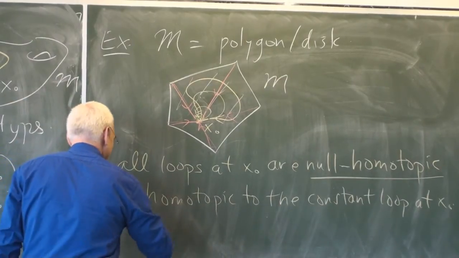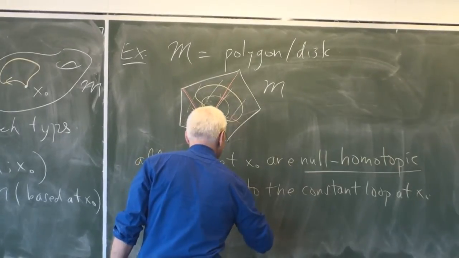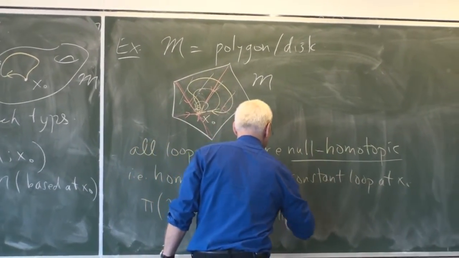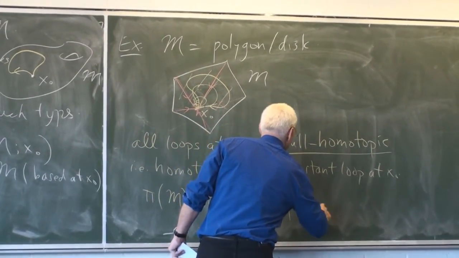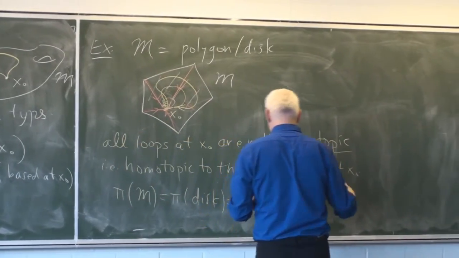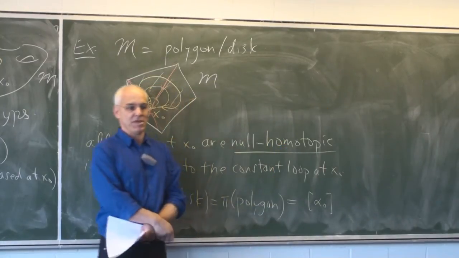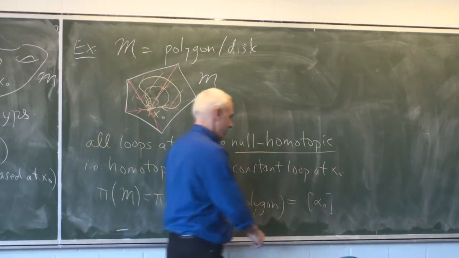So pi of M, or pi of the disk, or pi of the polygon, only has one element. We might call that element, say, alpha 0. Let that be a name for the constant loop.